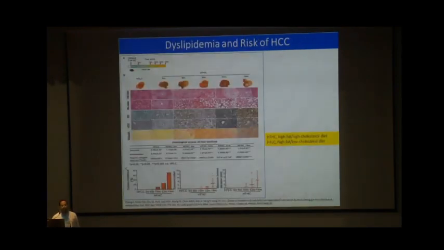Then next important is diet, cholesterol and lipids. So here is a high fat, high cholesterol diet and a high fat, low cholesterol diet, and they showed in an animal model that the development of HCC in these animals is close to 80%. And this is more with high fat, high cholesterol diets.